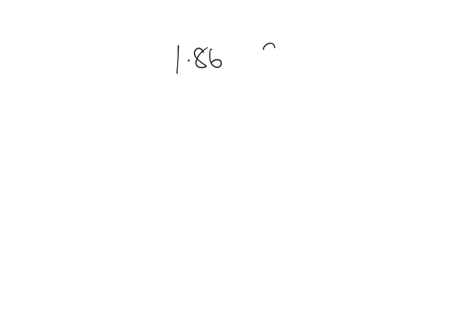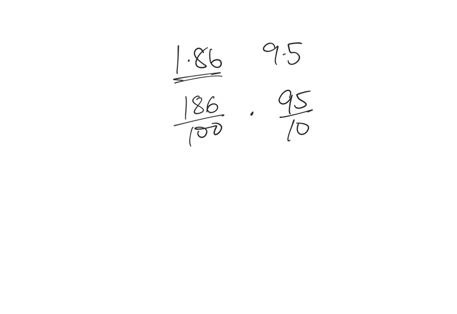1.86 and 9.5. So 1.86 could be written as 186 over 100, right? Because the 6 is in the hundredths place. The last digit there, we look at what the place value is. And then 9.5 can be written as 95 over 10. So you have 186 over 100 times 95 over 10.